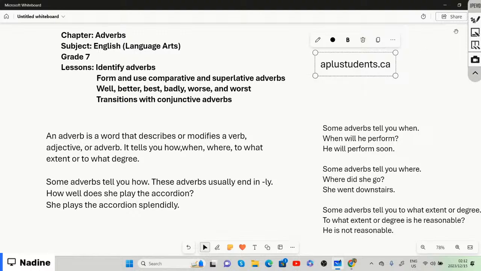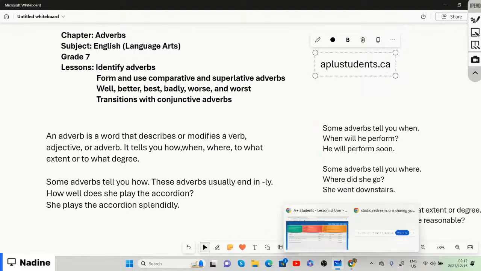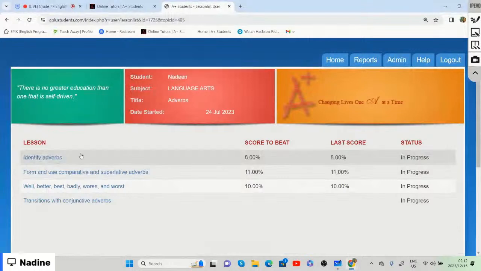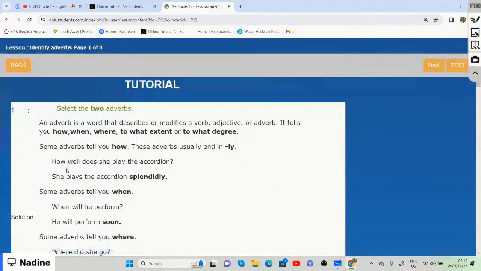All right, so now we're going to aplusstudents.ca, and we're going to the first lesson, which is to identify adverbs.